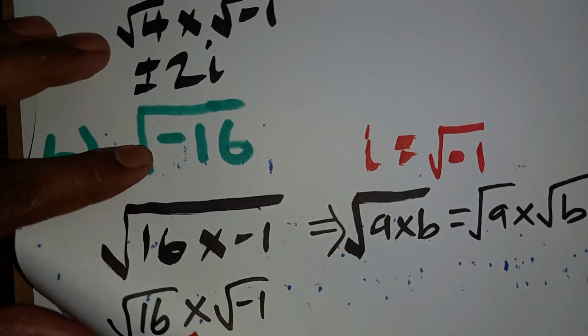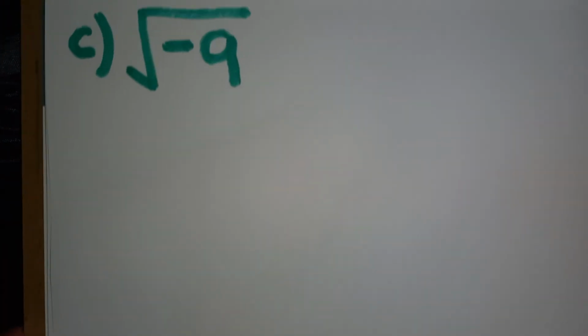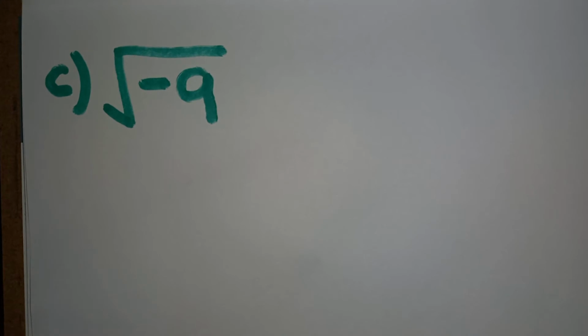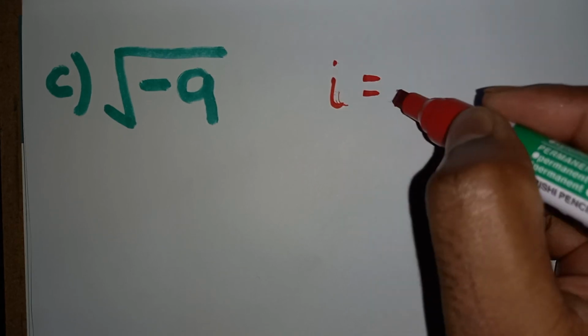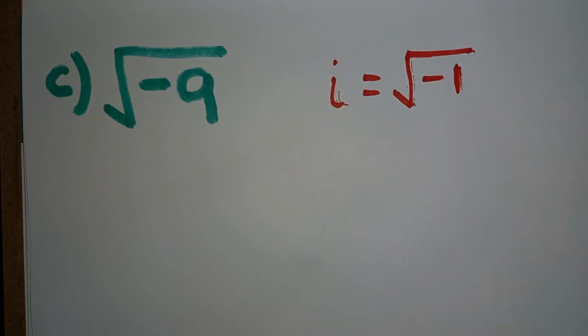Let's do some other example and see. We have root of negative 9. So again very quickly, i is equal to root of minus 1.